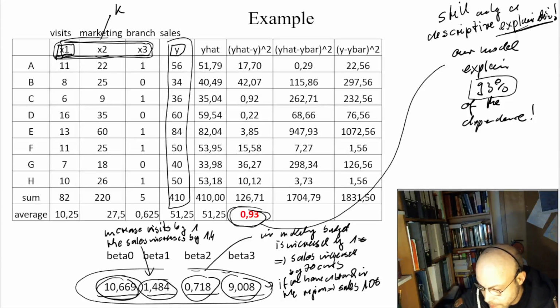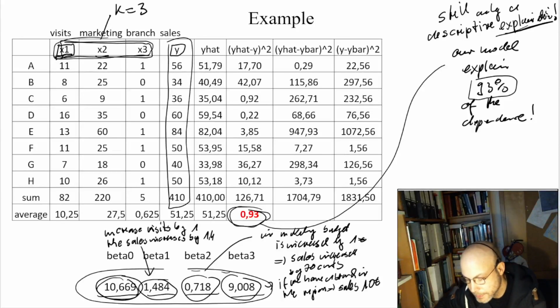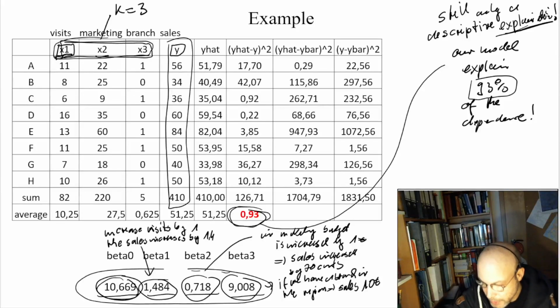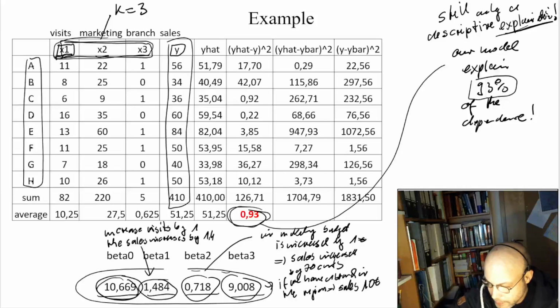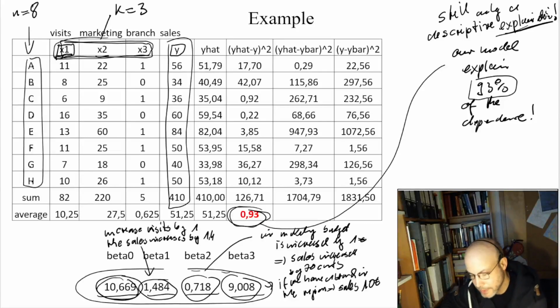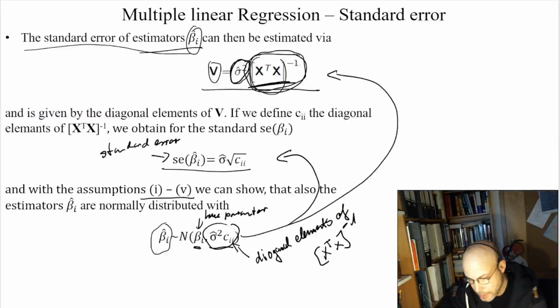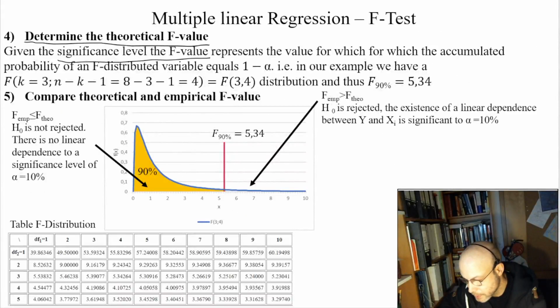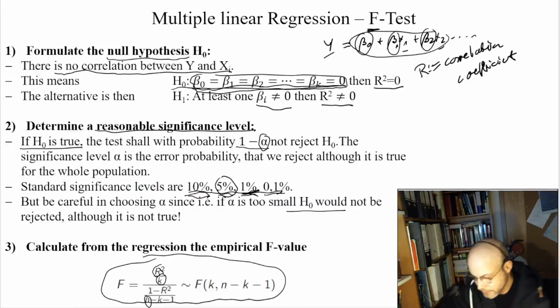So in this case, we have k equals 3, and we have 1, 2, 3, 4, 5, 6, 7, 8 regions. So n equals 8, and where is our F?